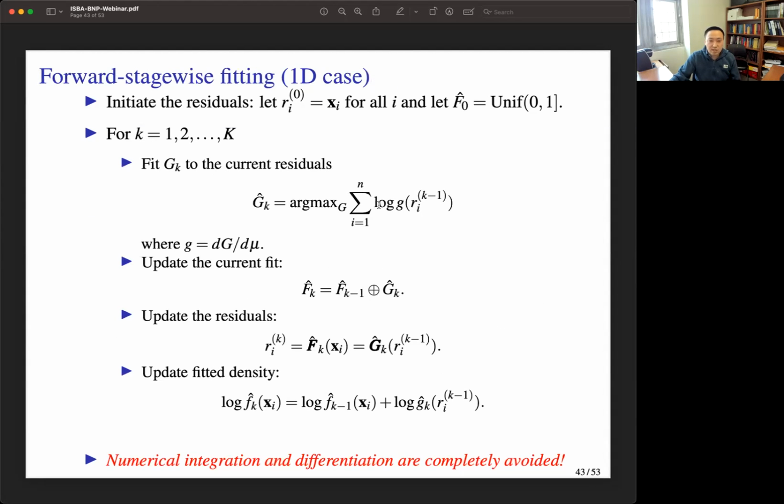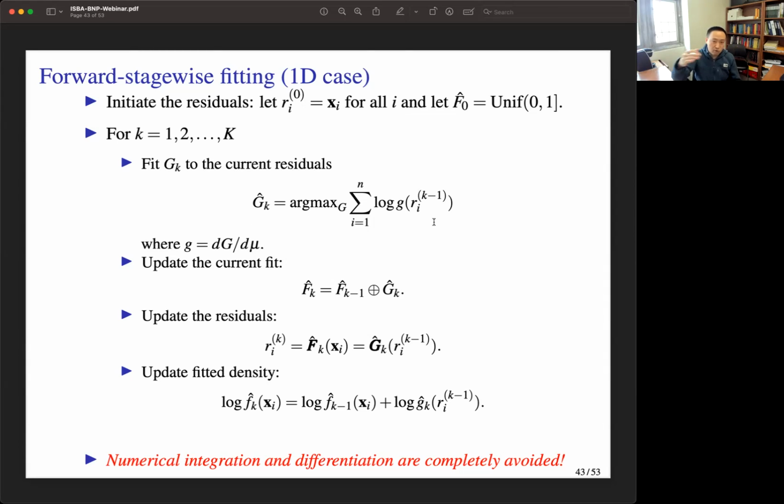So that gives us a very simple solution, at least for the one-dimensional case: we can have a stage-wise boosting algorithm, by iteratively fitting the base learner, the tree learner, by maximizing the log likelihood of the current residual, right? And you can replace this step. You don't have to do the maximization step.